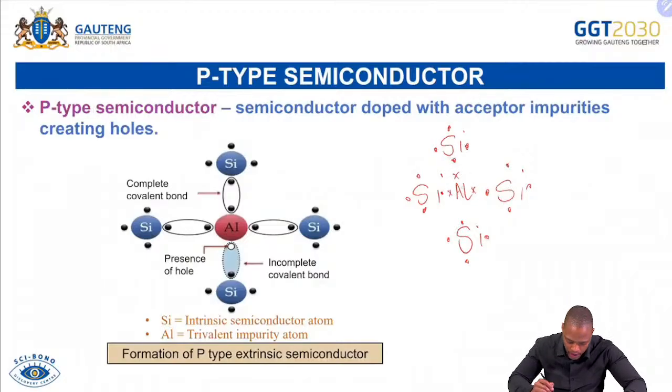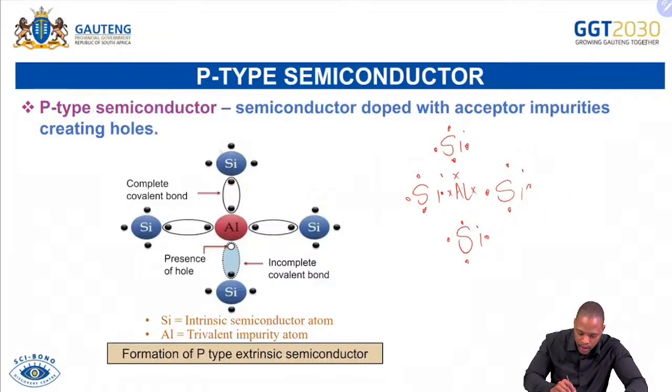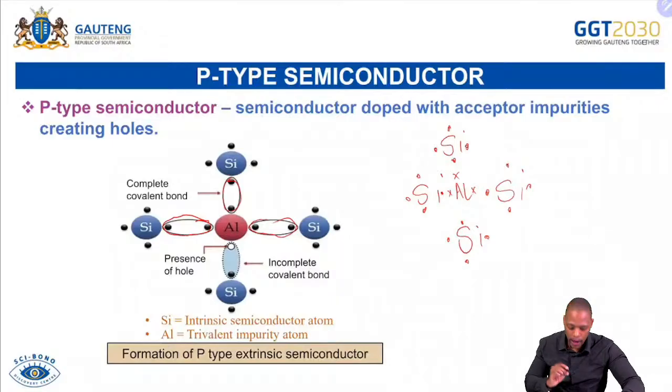So that means, as you can see here, this silicon is going to form a covalent bond here. This silicon will also form another covalent bond here. This silicon will form another covalent bond here. But here, it will not be able to form a covalent bond. Why? Because for a covalent bond to be formed, we need a sharing of 2 electrons.